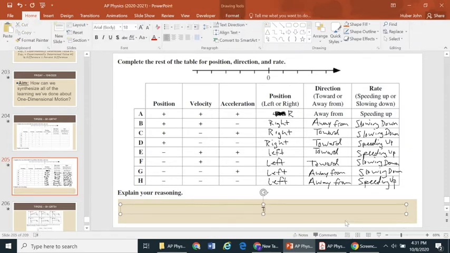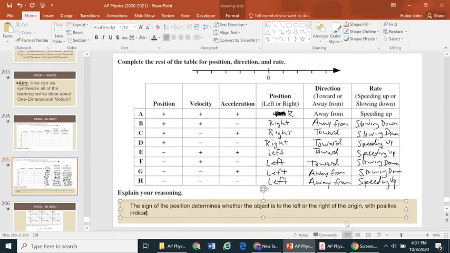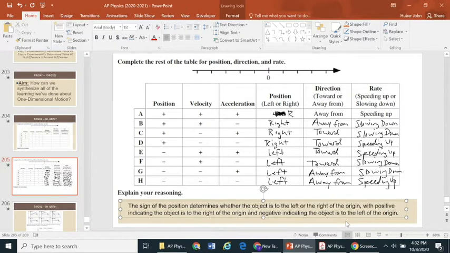And I'll write here, the sign of the position determines whether the object is to the left or the right of the origin, positive indicating the object is to the right of the origin, and negative indicating the object to the left of the origin. 1 sentence. We've explained the whole position part.